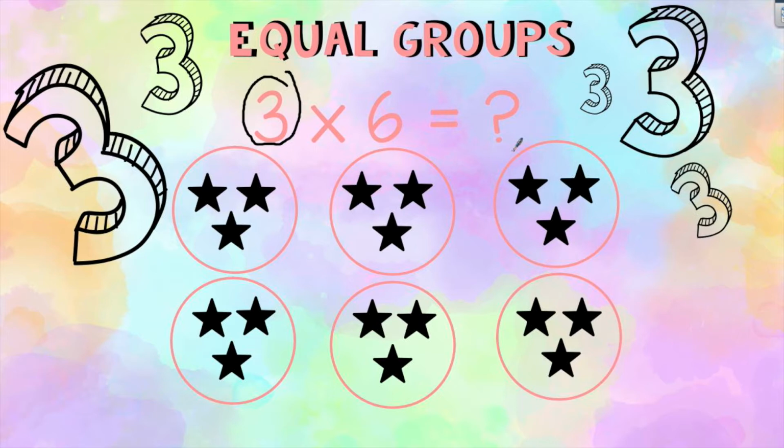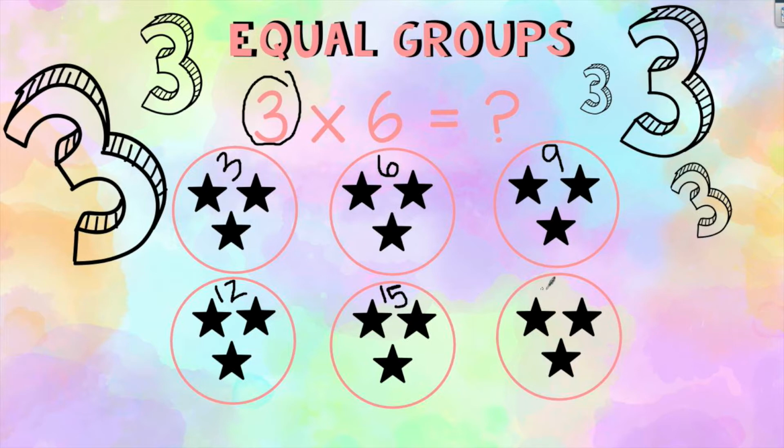Now that I've done this, all I need to do is count the stars to determine what 3 times 6 equals. Let's get started. So we have 3. 3 plus 3 more is 6. 6 plus 3 is 9. 9 plus 3 is 12. 12 plus 3 is 15.